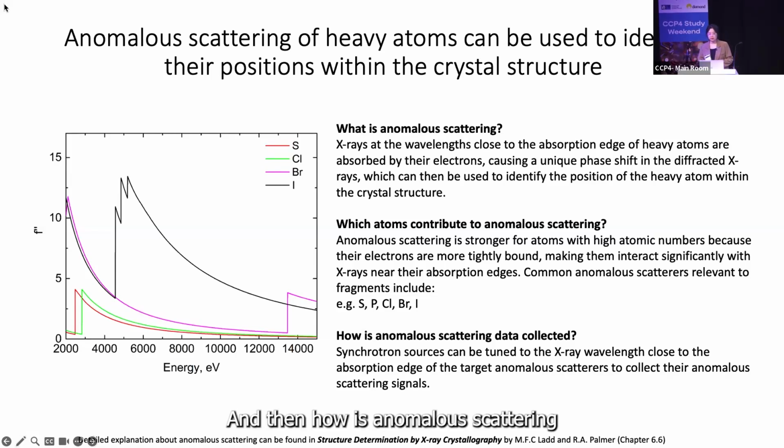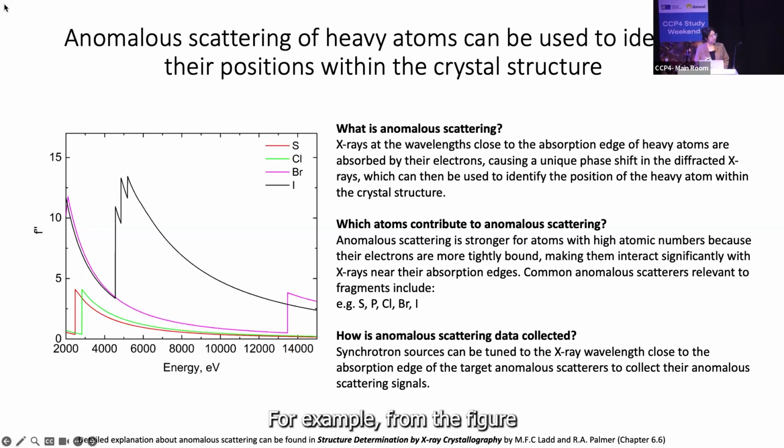And then how is anomalous scattering data collected? Synchrotron sources can be tuned to the X-ray wavelength close to the absorption edge of the target anomalous scatterers to collect their anomalous scattering signals.